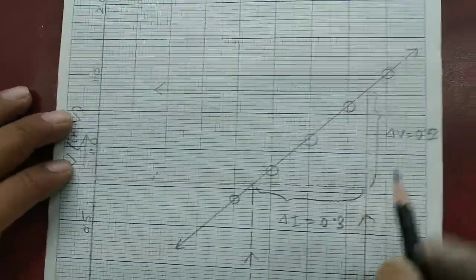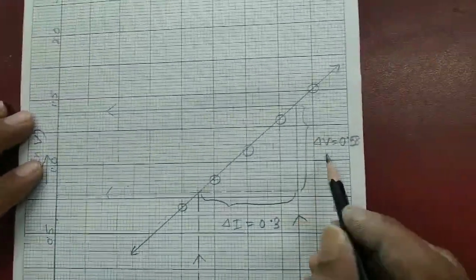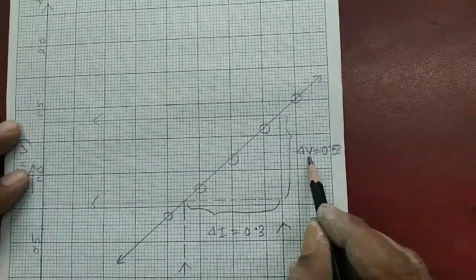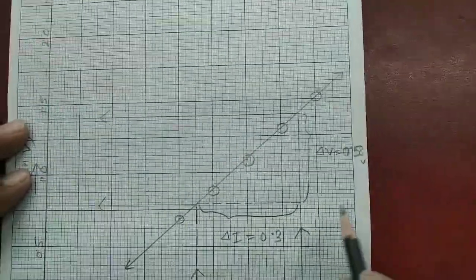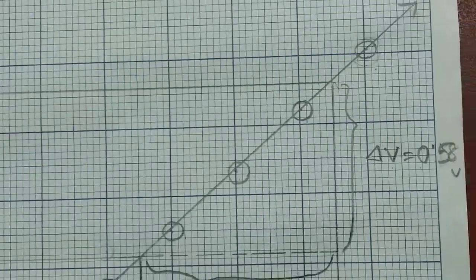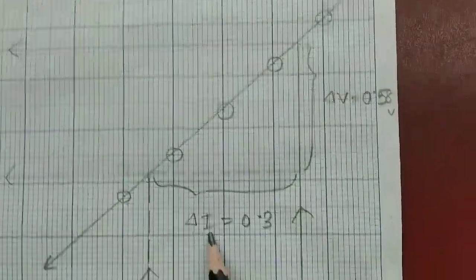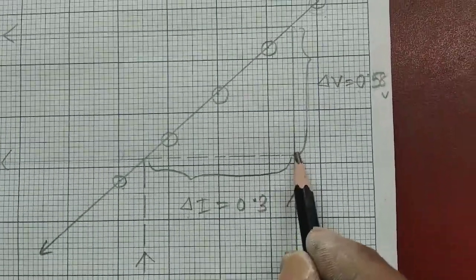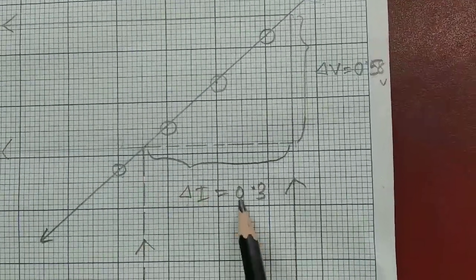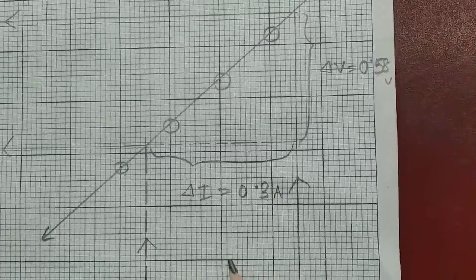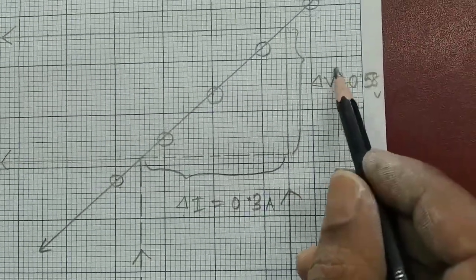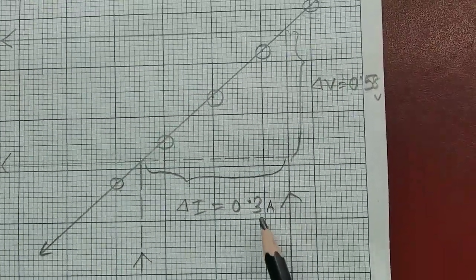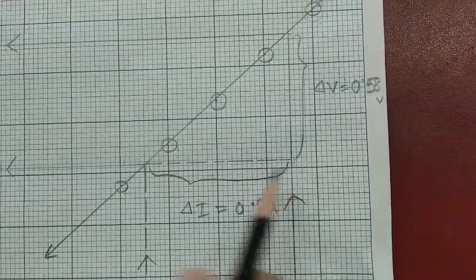So from the graph we have calculated delta V, meaning V2 minus V1, is 0.58 volt, whereas delta I, the difference of current, I2 minus I1, is 0.3 ampere. This value of delta V and delta I will be used to calculate the resistance of the conducting wire.